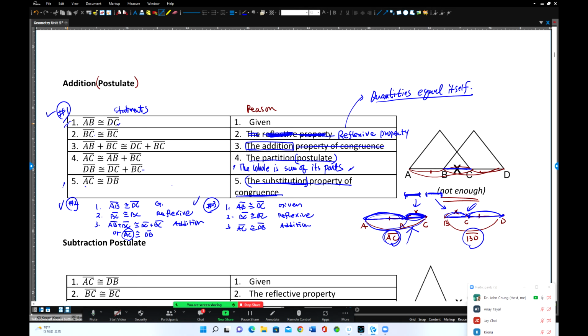This one is more detailed, using the partition postulate. Many teachers like to use this one, but a simple proof is better, right? This is very complicated. How many steps? 5 steps. This is 3 steps.